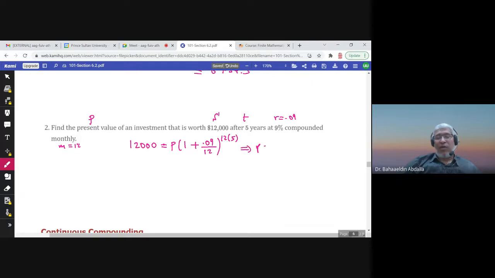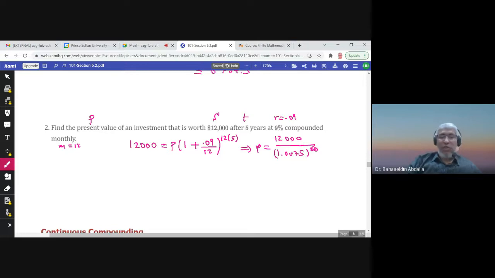I can find P by dividing 12,000 over 1 plus 0.09 over 12, which is 1.0075, to the power 5 times 12, which is 60.